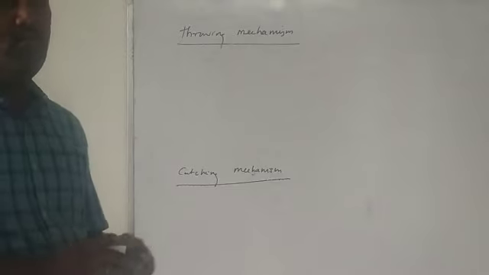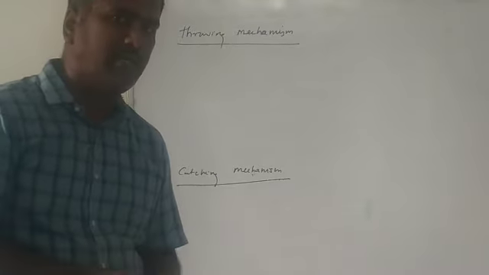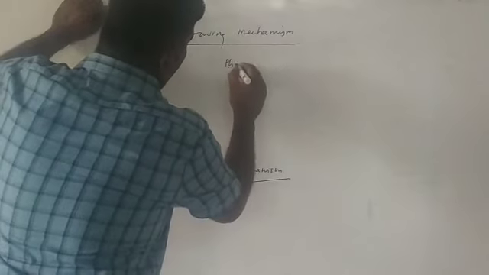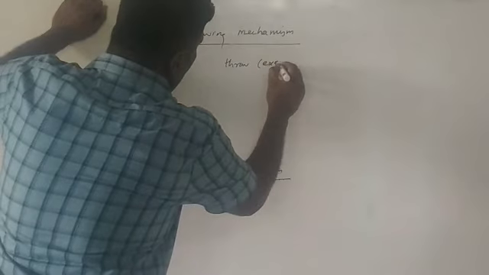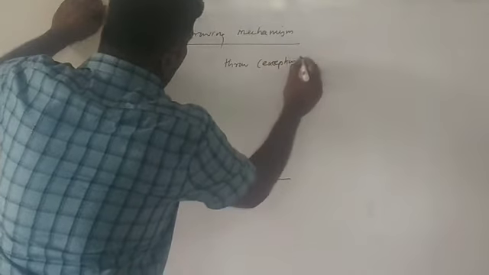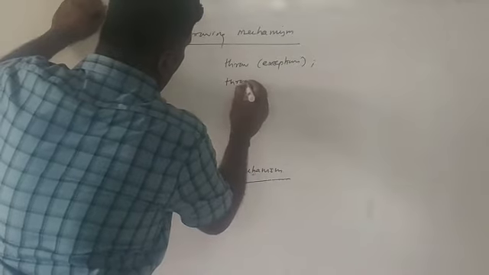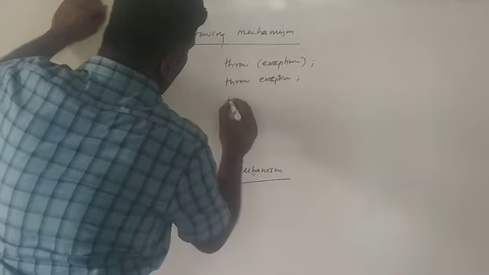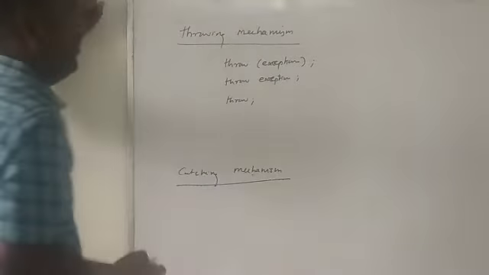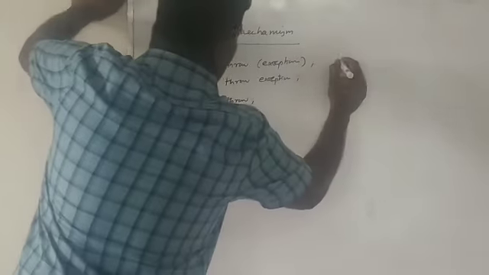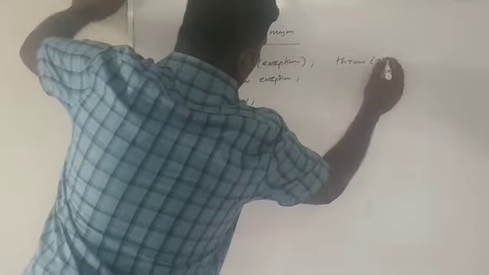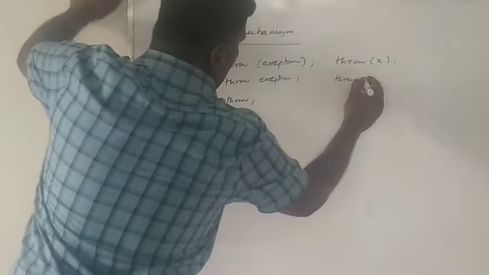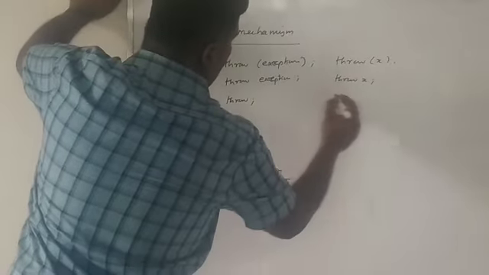Here we normally use the throw statement in three forms. The first is throw exception with brackets. Second, throw exception. Third, just throw, for example throw x, as it is.